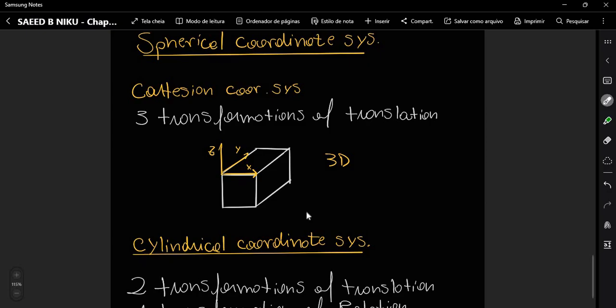And this depends on joints, on links, and we are talking about Cartesian coordinates.